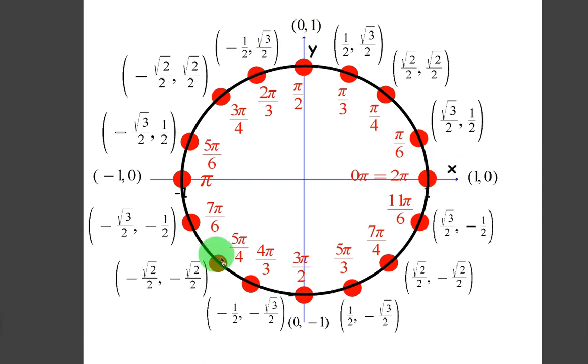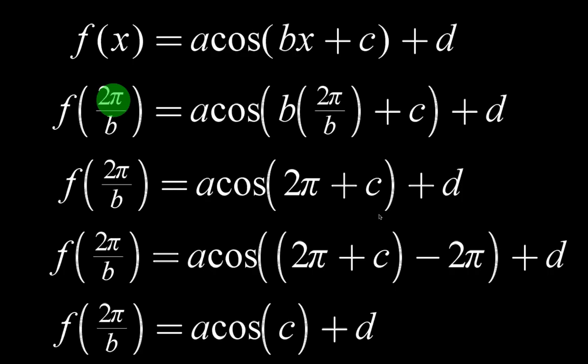It takes 360 degrees, or a 2 pi rotation, before we get that same x value of 1, and the x values repeat themselves. So if we plug in 2 pi over b for x, the b's cancel and we're left with 2 pi plus c. If you take any angle and you subtract 2 pi from it, you end up with the same cosine value.